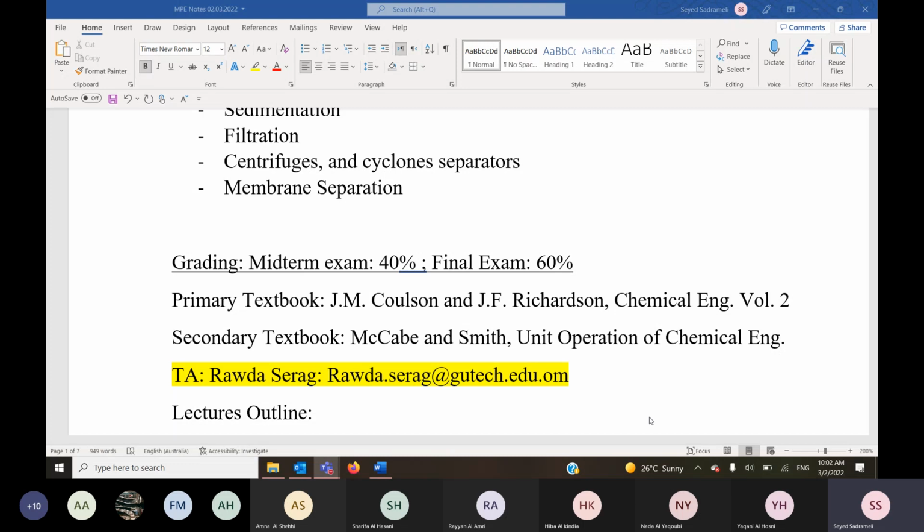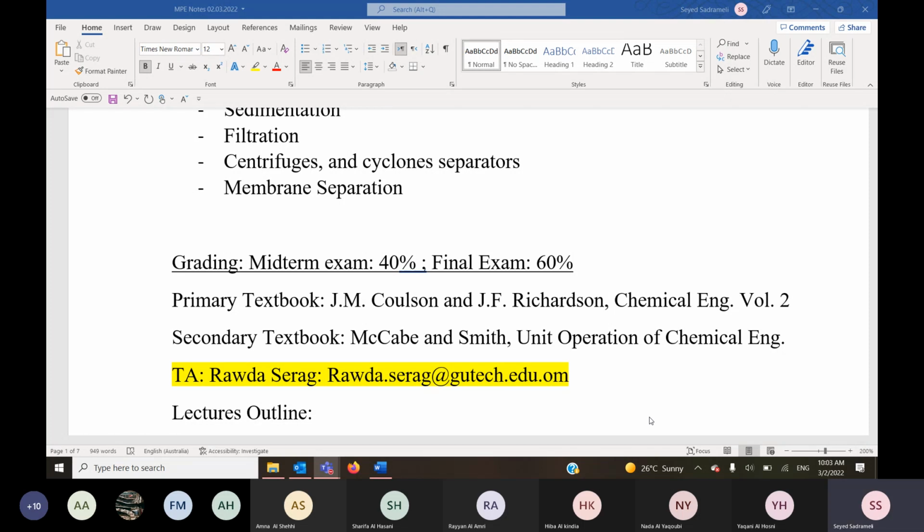And I also consider 10% for those who are contributing during the course and participating in the discussion that we have with the students. So those will also get a 10% bonus at the end, either at the midterm or final, depending on the exam grades.